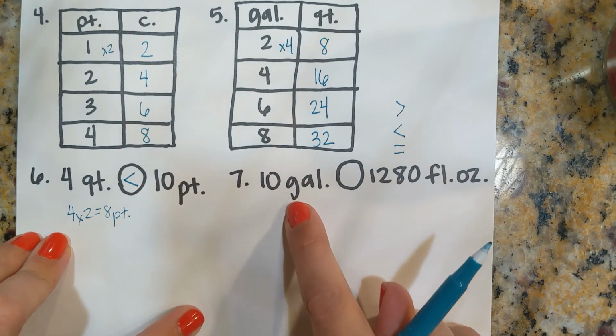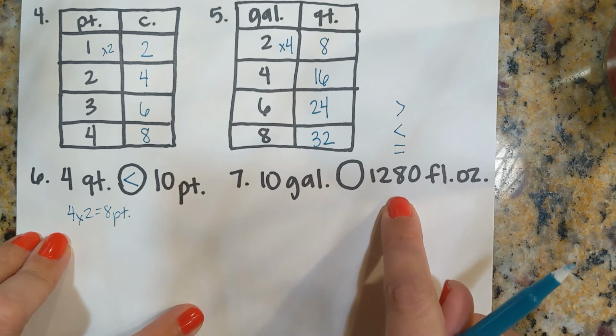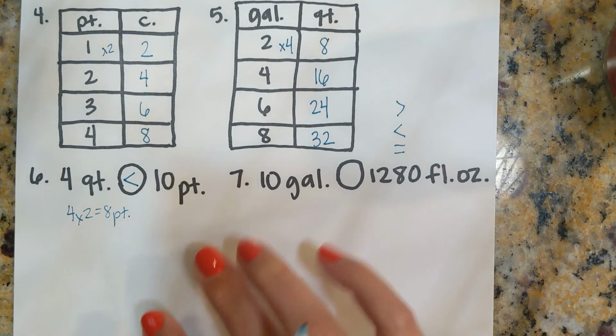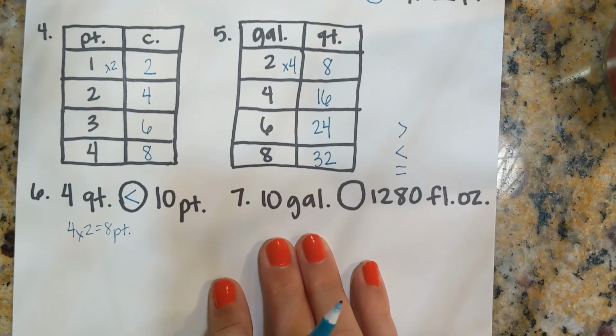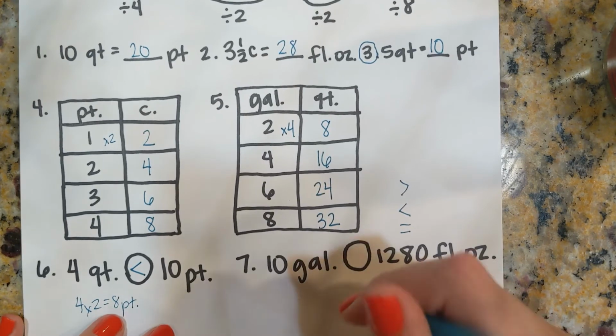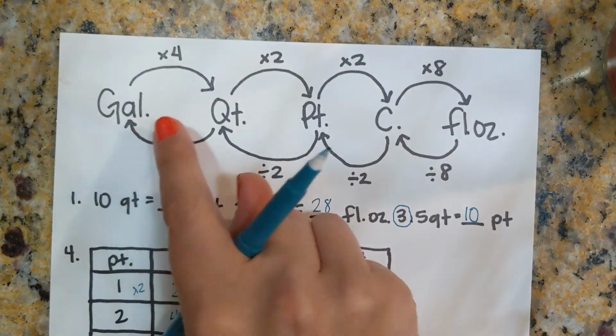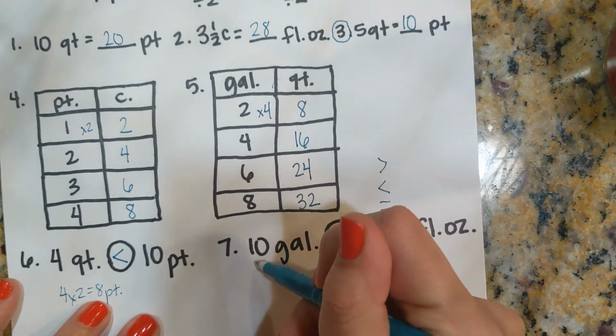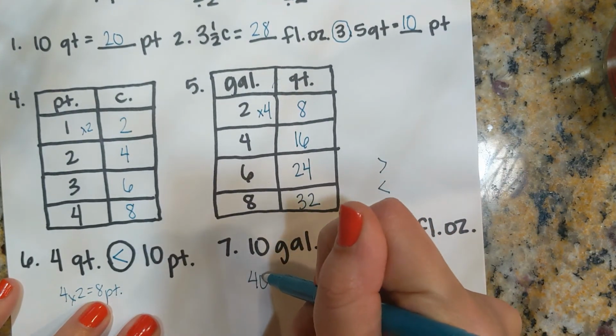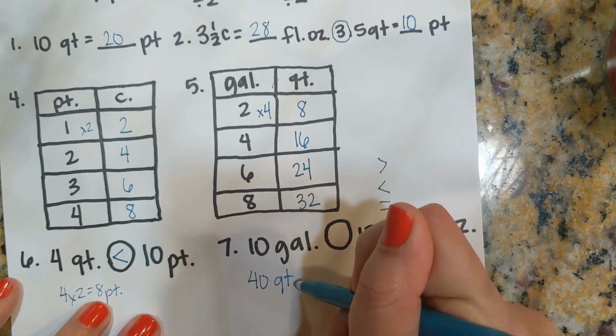Okay, 10 gallons to 1,280 fluid ounces. Oof, I don't even have that on there. I just thought this would be a fun challenge. Okay, gallons. So first, from gallons to quarts, we multiply by 4. So this times 4 would be 40 quarts.